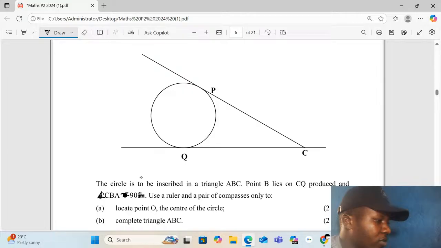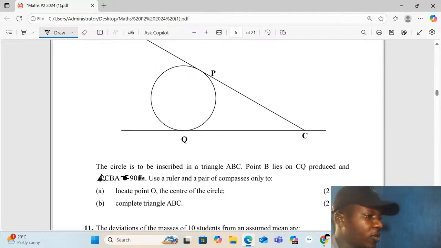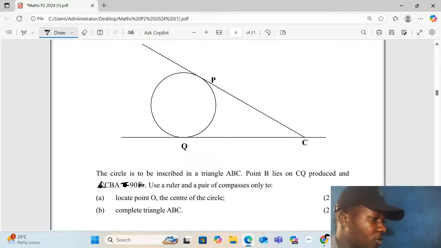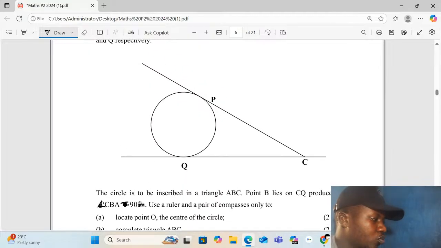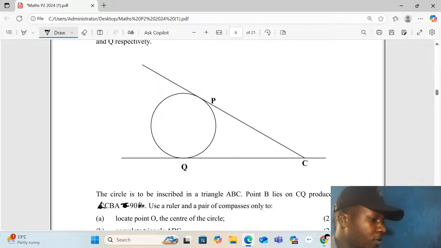Now use a ruler and a pair of compasses only to locate point O, the center of the circle, and complete the triangle. For you to find the center of the circle, now we have point C alone, and we have to look for point B.